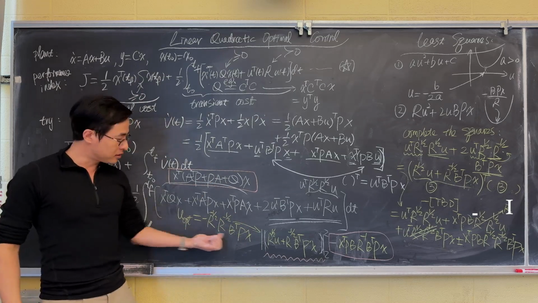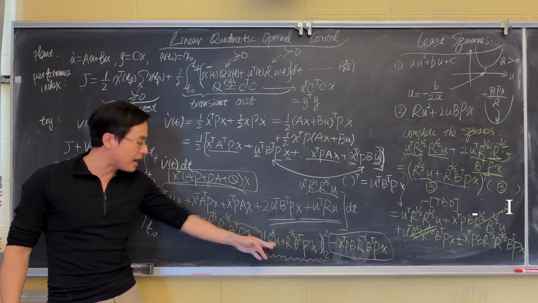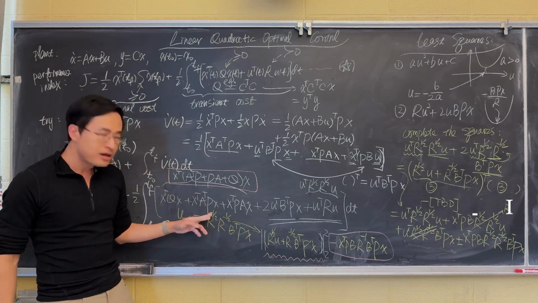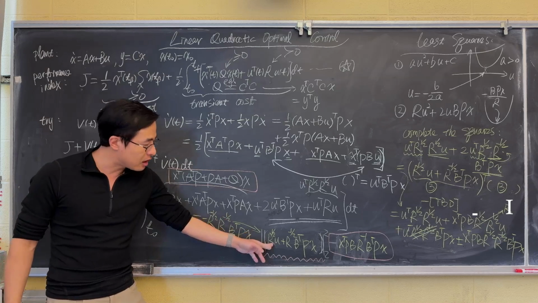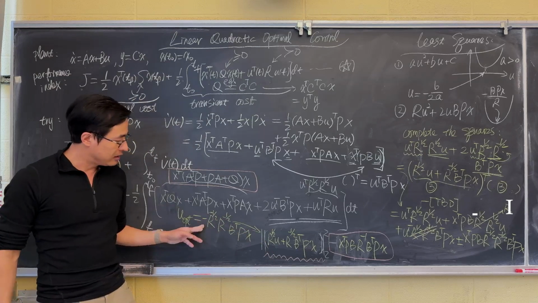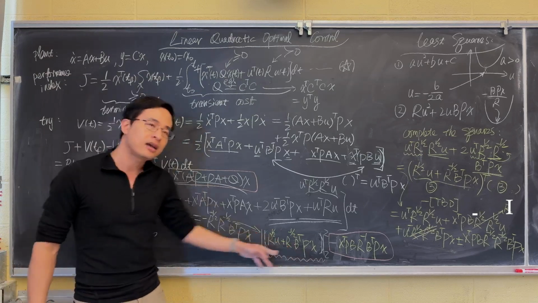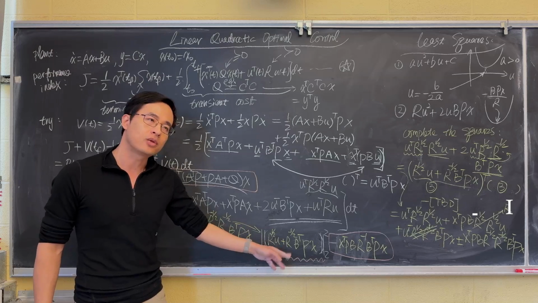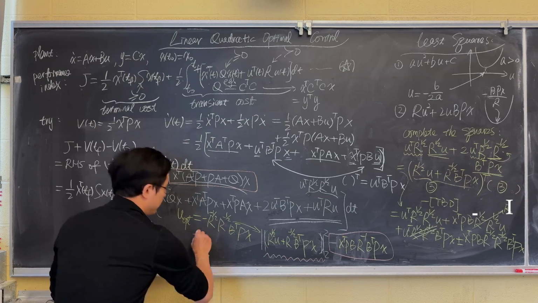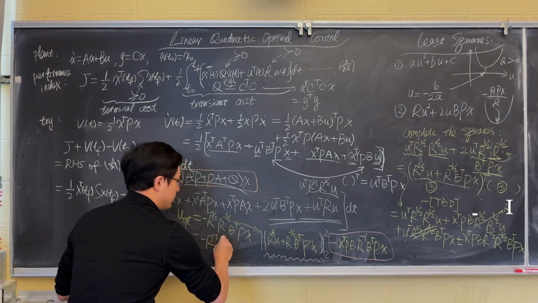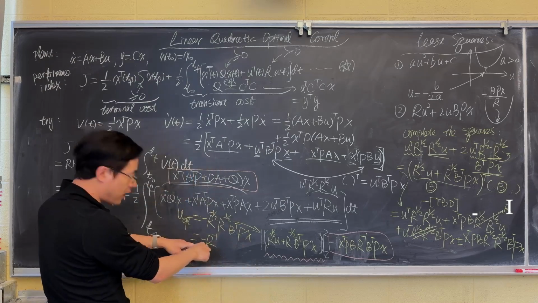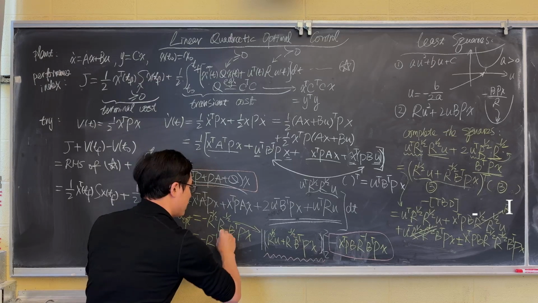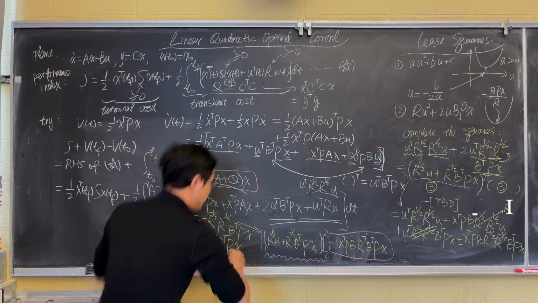If U equals this, then you can see, plug it inside. This R^(-1/2) cancels with this R^(1/2), and then the remaining term is going to exactly cancel out the square term. In other words, it's negative R inverse B transpose PX.